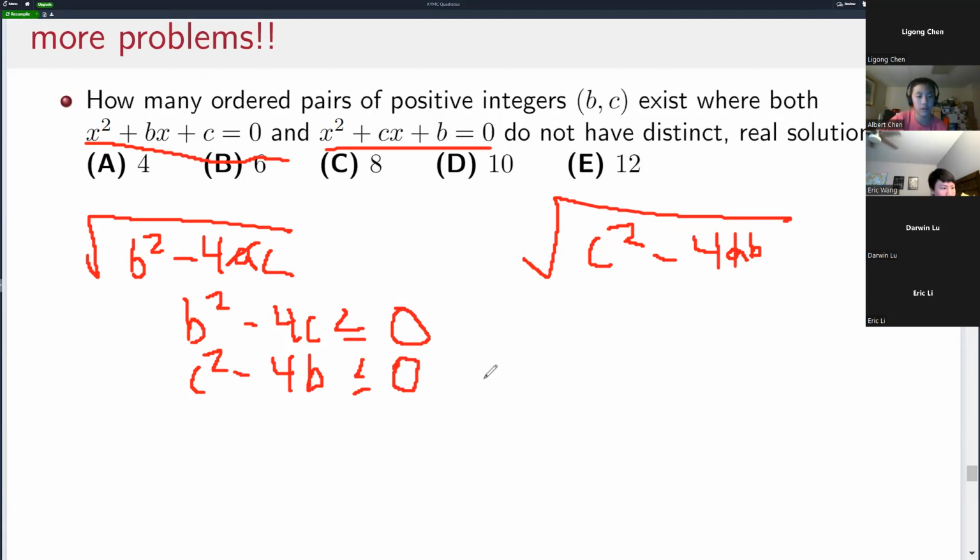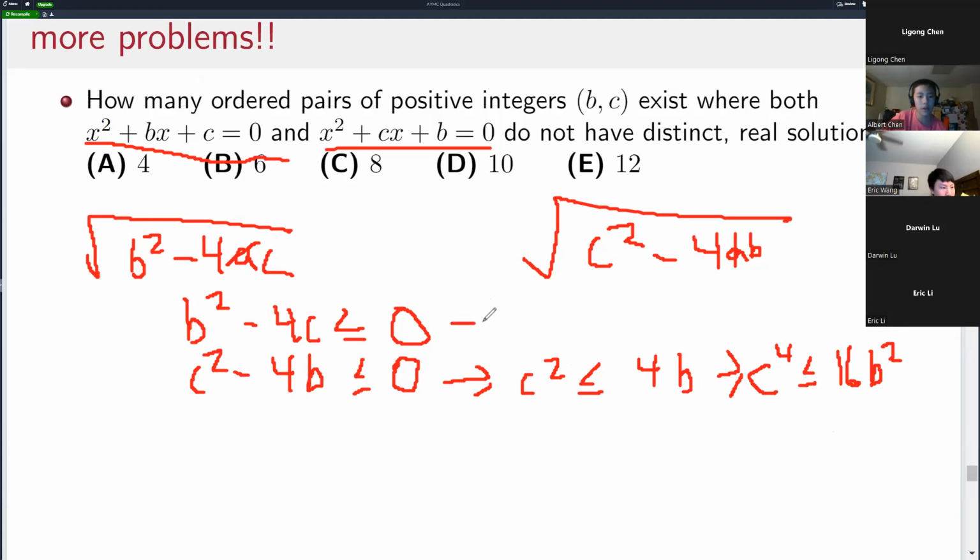If we move this to the other side, we get c squared is less than or equal to 4b, and if we square this, which would be helpful later, we'll get c to the 4th is less than or equal to 16b squared. Now we multiply the other equation by 16 to get 16b squared minus 64c is less than or equal to 0.